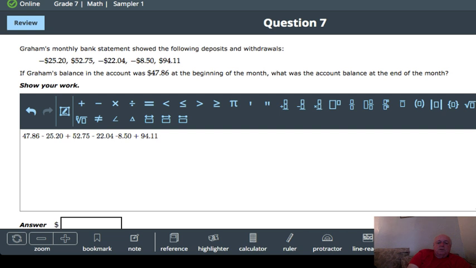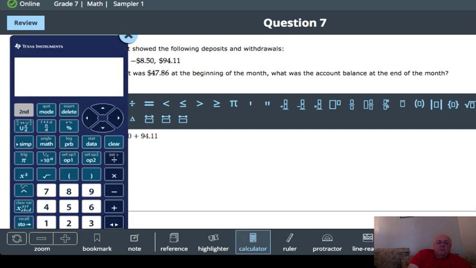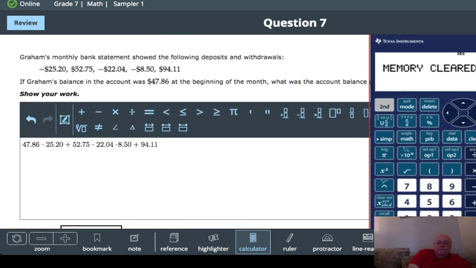And if we just chuck them into the calculator, be careful with the calculators. 47.86 minus 25.